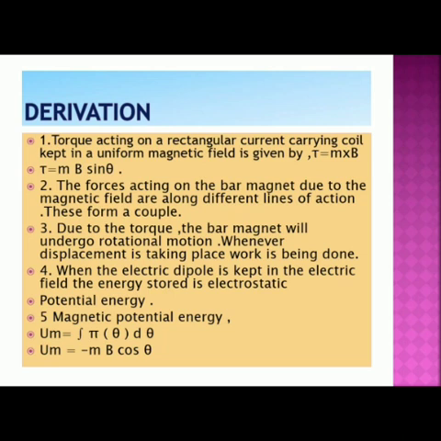So the magnetic potential energy is given as minus m B cos theta, where we will be considering the different positions of the magnetic moment, whether it becomes positive or negative, depending upon the cos theta which is formed.